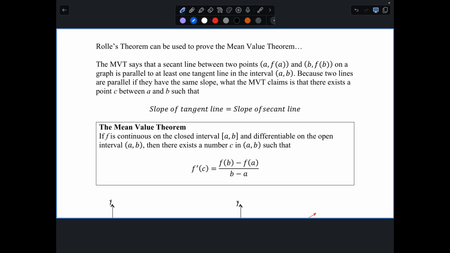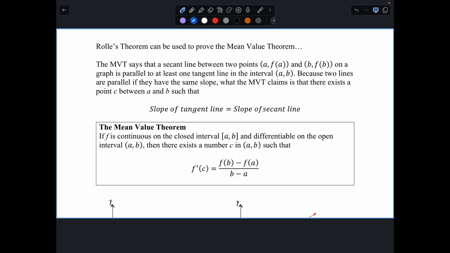So let's go through the formal conditions for the mean value theorem to apply. Again, f has to be continuous on the closed interval and differentiable on the open interval. A lot of times, I think I've mentioned this, students flip-flop. They mix up the intermediate value theorem and the mean value theorem. The intermediate value theorem proves the existence of a function value on the interval.